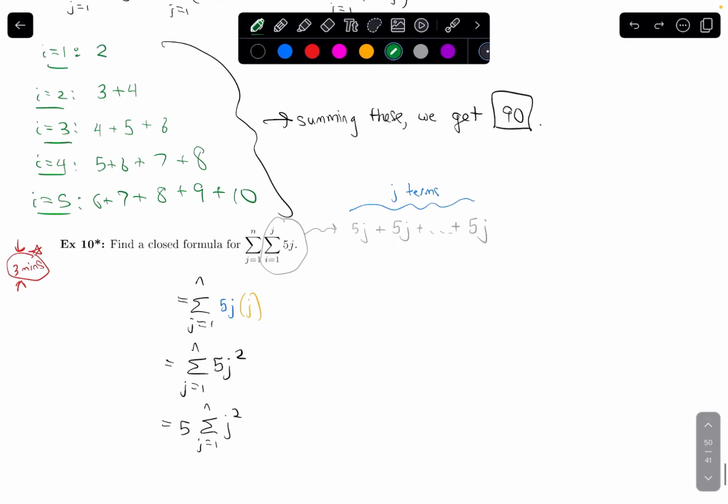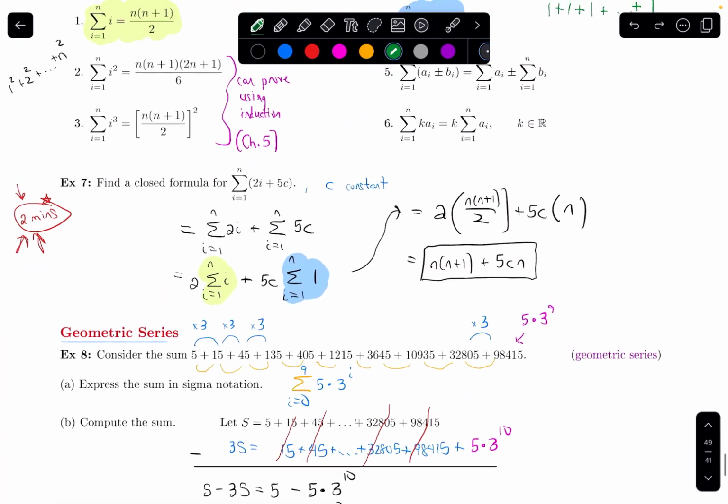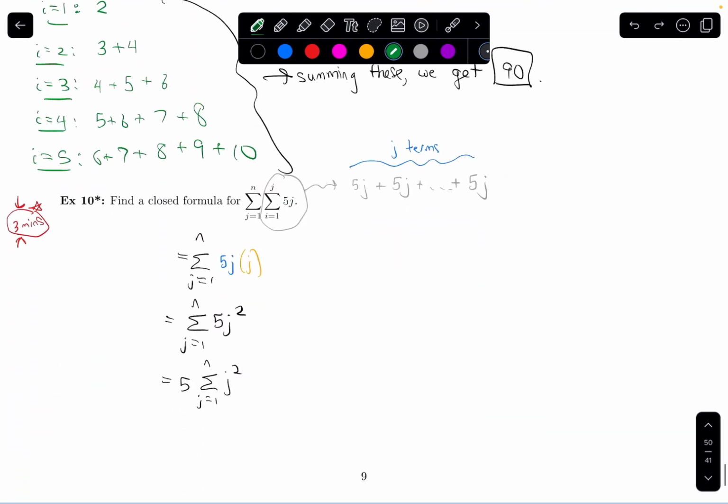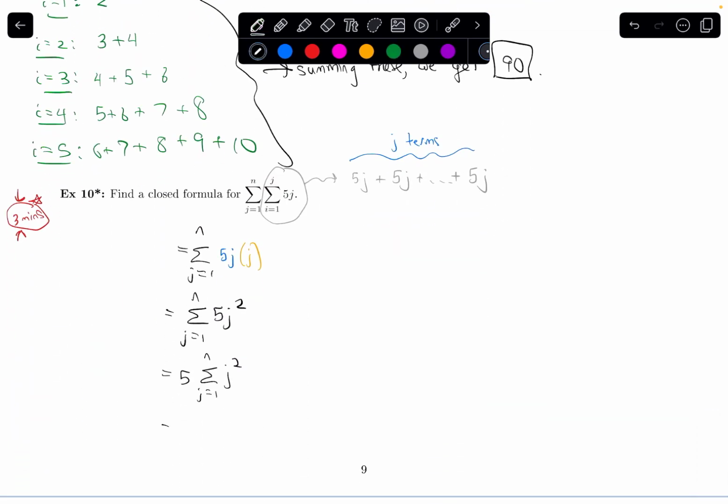We've seen that in a previous video. That was this whole fraction. So if we use that formula, what we end up getting is that this is 5 times n times n plus 1 times 2n plus 1, that whole thing over 6. And we got it. We got our closed formula.